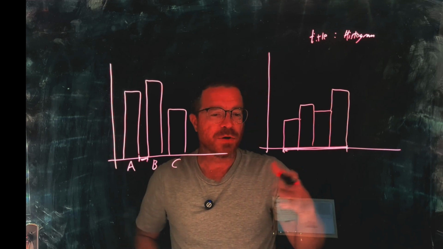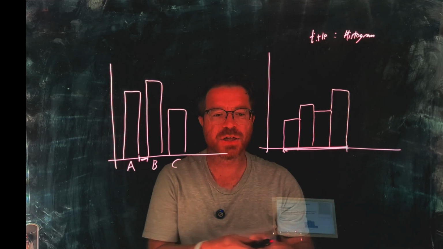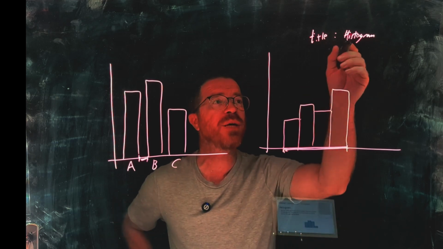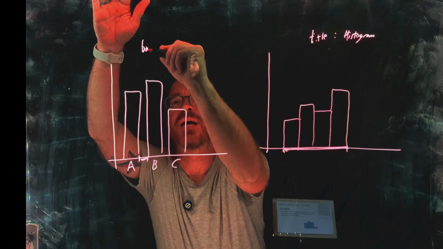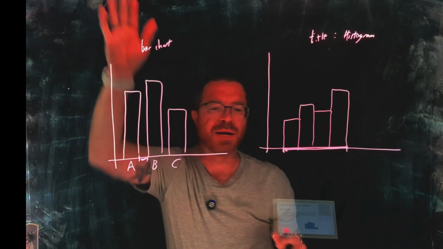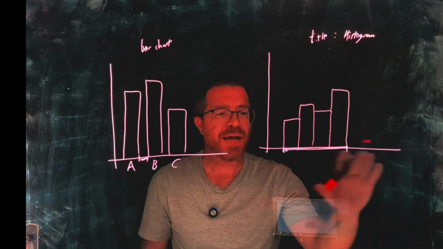That way, if somebody were going through something that you created, some sort of presentation or academic article or whatever you're doing, they could quickly see what this graph represents. Now, of course, I'm using generic terms like bar chart and histogram, because we don't actually have real data that we're making this graph for.